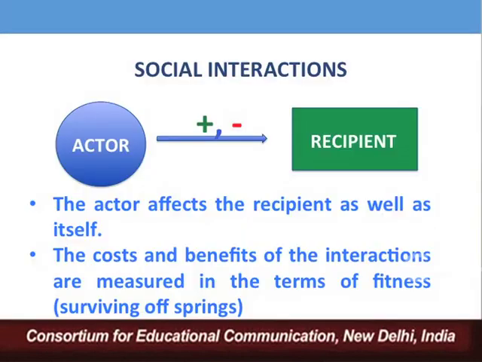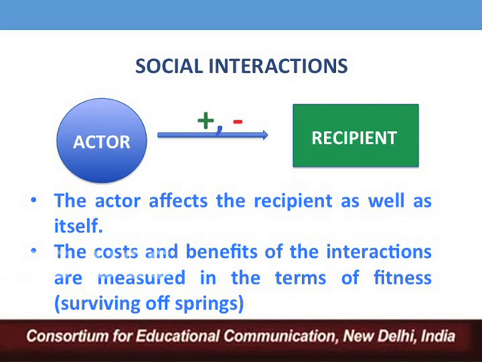Whenever we are talking of social interaction, we are talking of individuals. If two individuals are interacting, one individual will be termed an actor and the other a recipient. The actor is the one who performs an action, and the recipient is the one who derives benefit or harm from the action performed by the actor.